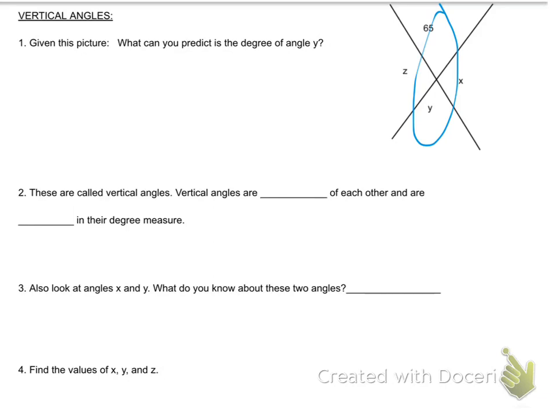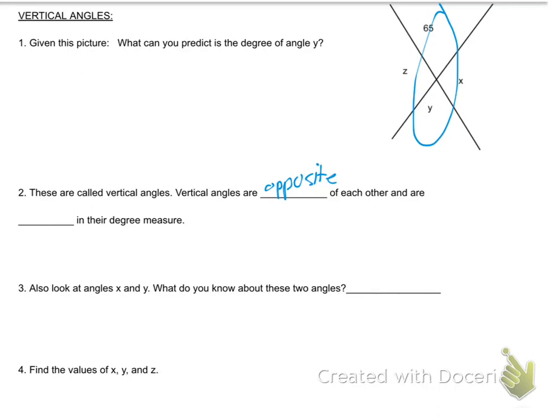It's because vertical angles are, we'll say, opposite each other. And they are the blank in their degree measure. We just said it earlier.